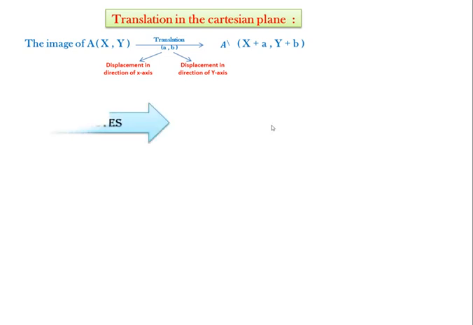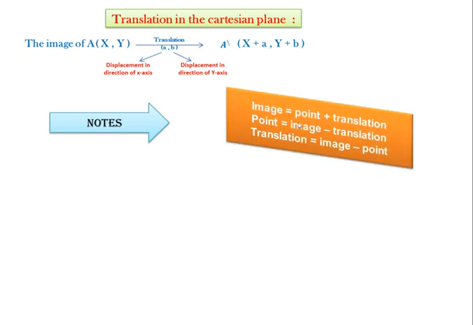We have some notes then. To get the image, the point plus the translation. But how do we find the point if we are given the image and the translation? To get the point, we subtract the translation from the image, so the point equals image minus translation.